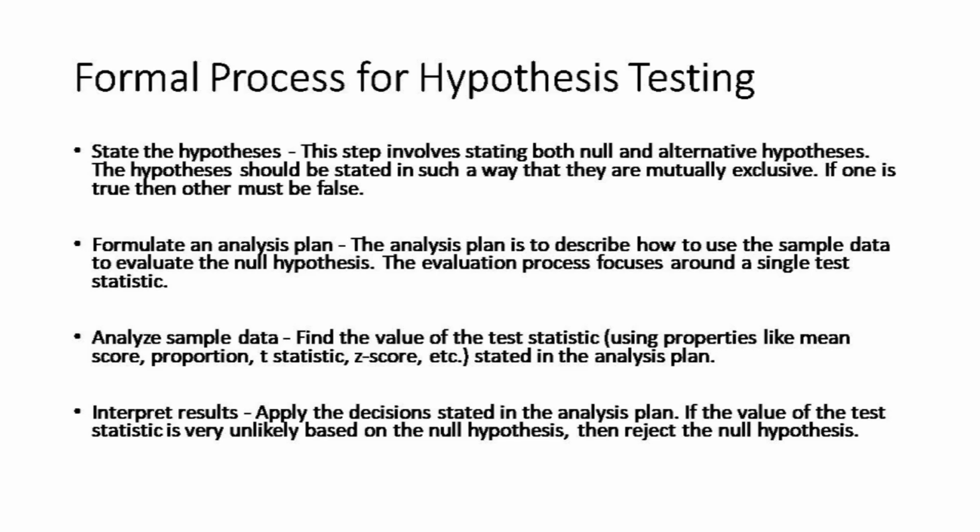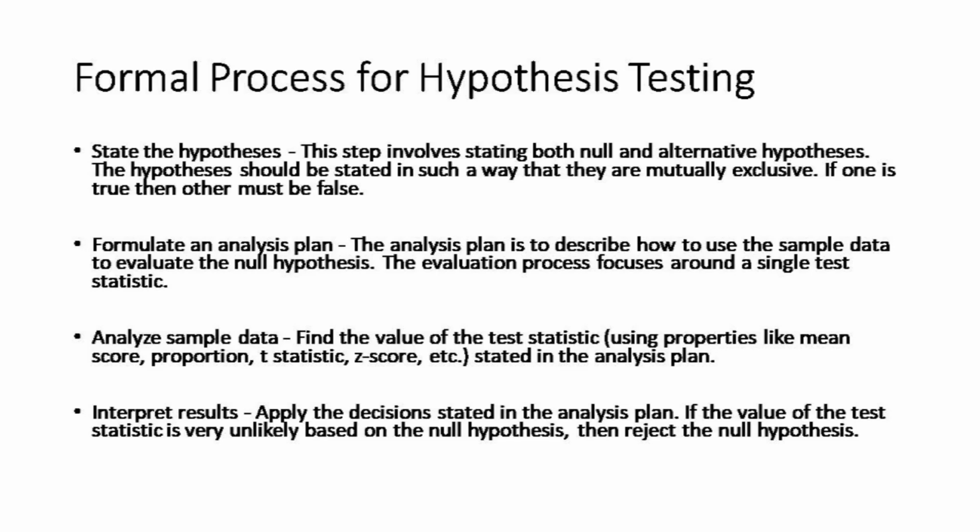Then we analyze the sample data, wherein we find the value of the test statistic as per the analysis plan. In the previous example, we found the value of the test statistic, p hat, which was 33 divided by 200. And then we interpret the results, that is, apply the decisions stated in the analysis plan.